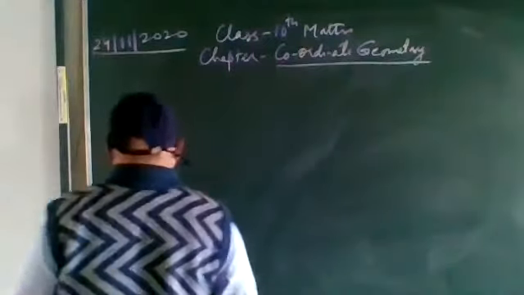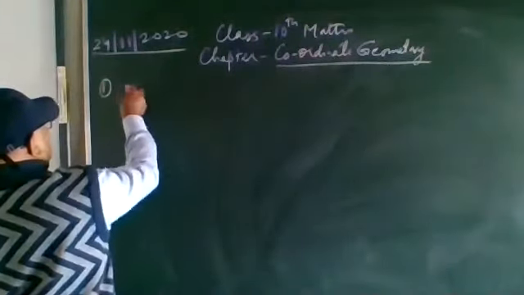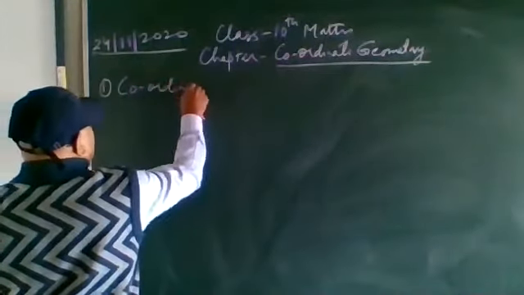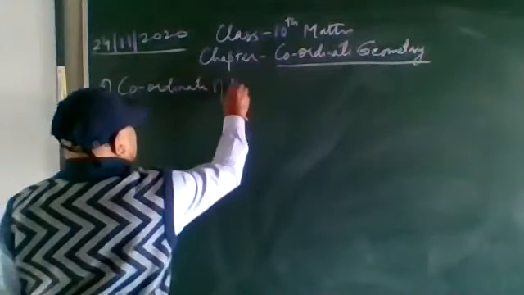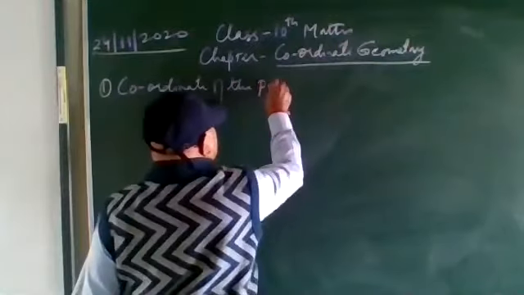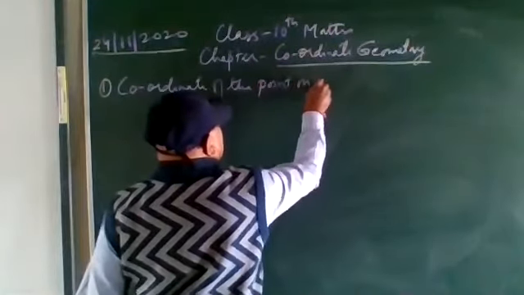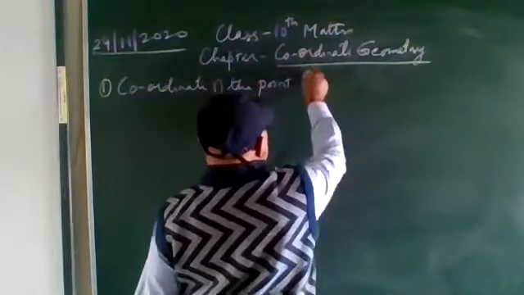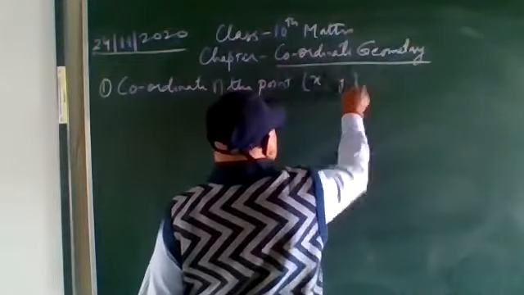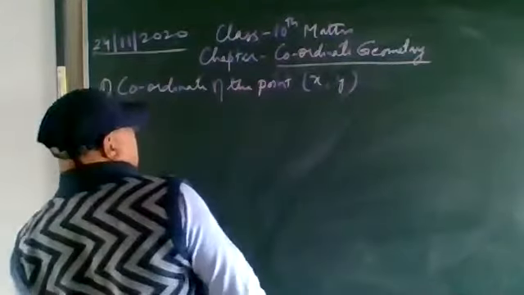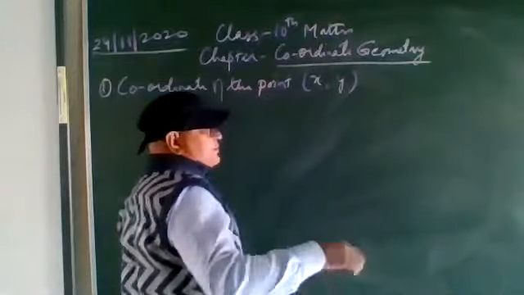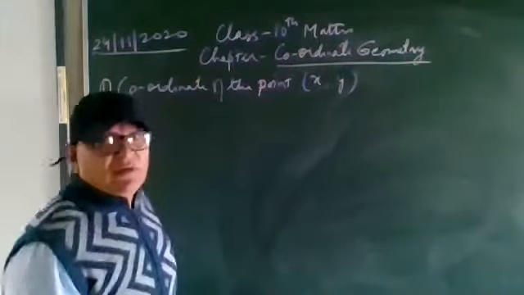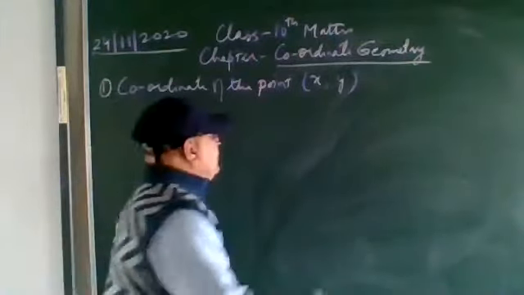So we say the coordinates of the point are x, y. When a question says find the coordinates of the point, you will say the coordinates of the point are x, y.